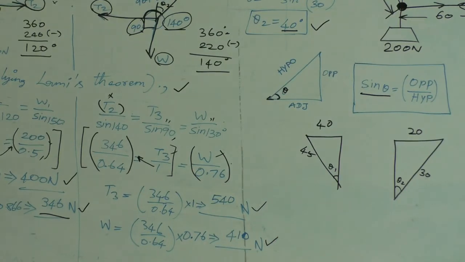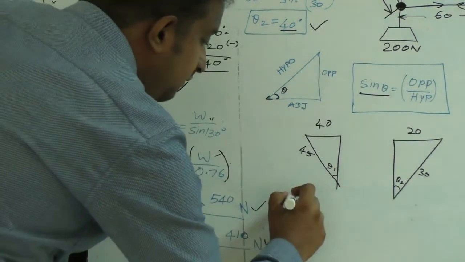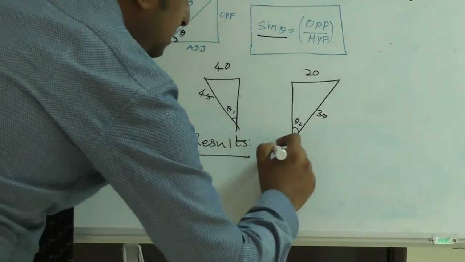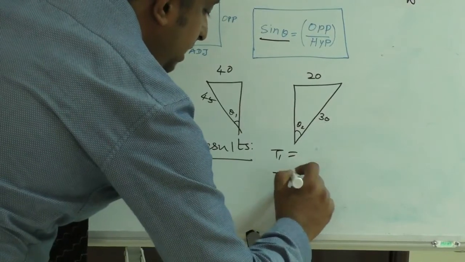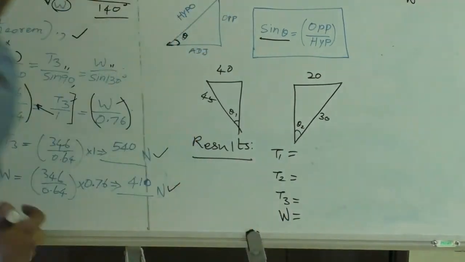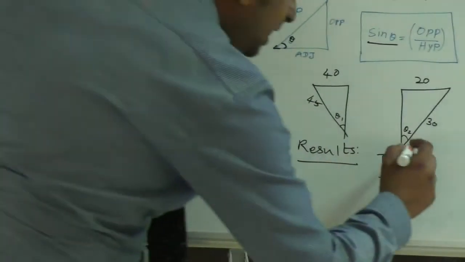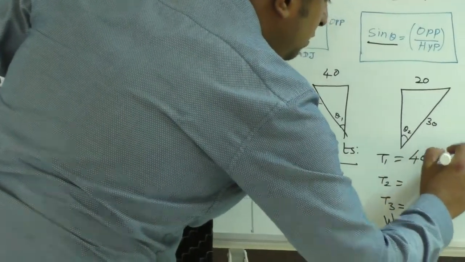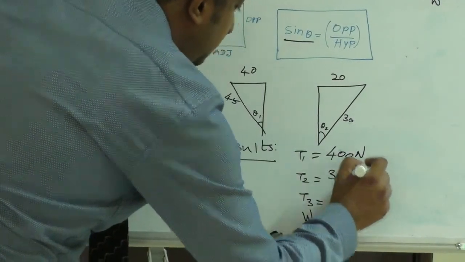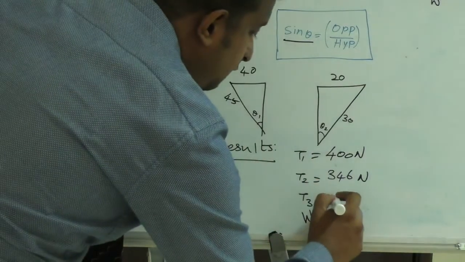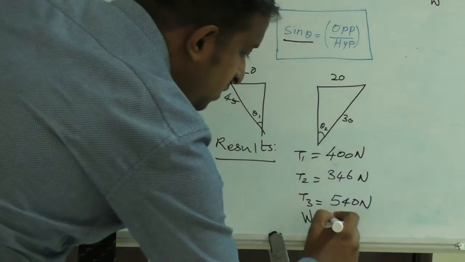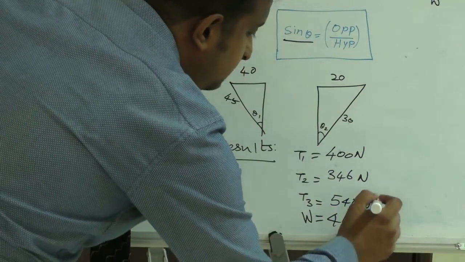Now we can write the results: T1, T2, T3 and the unknown weight W. T1 is 400 Newton, T2 is 346 Newton, T3 is 540 Newton, and finally W is 410 Newton.